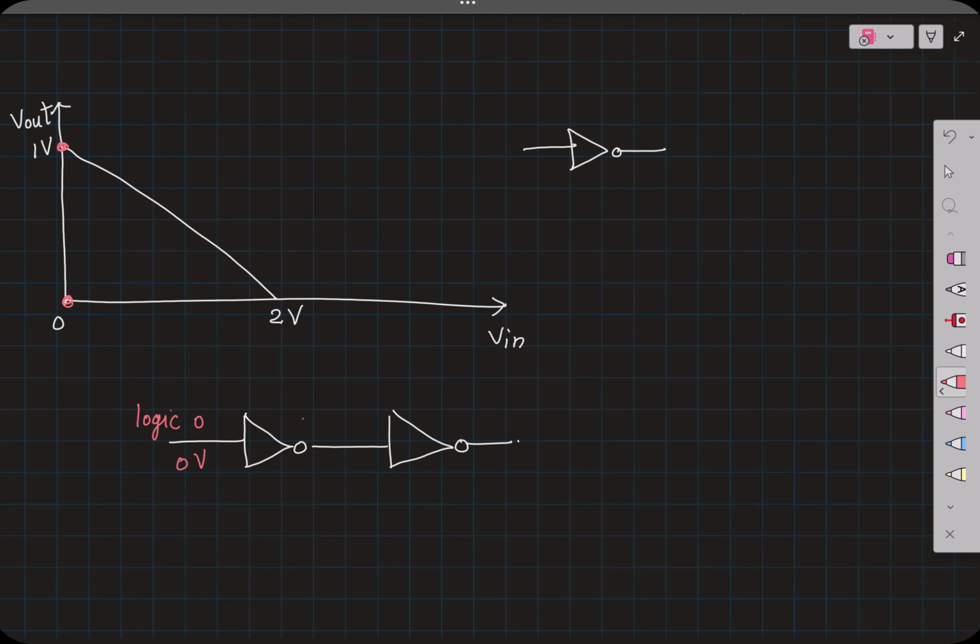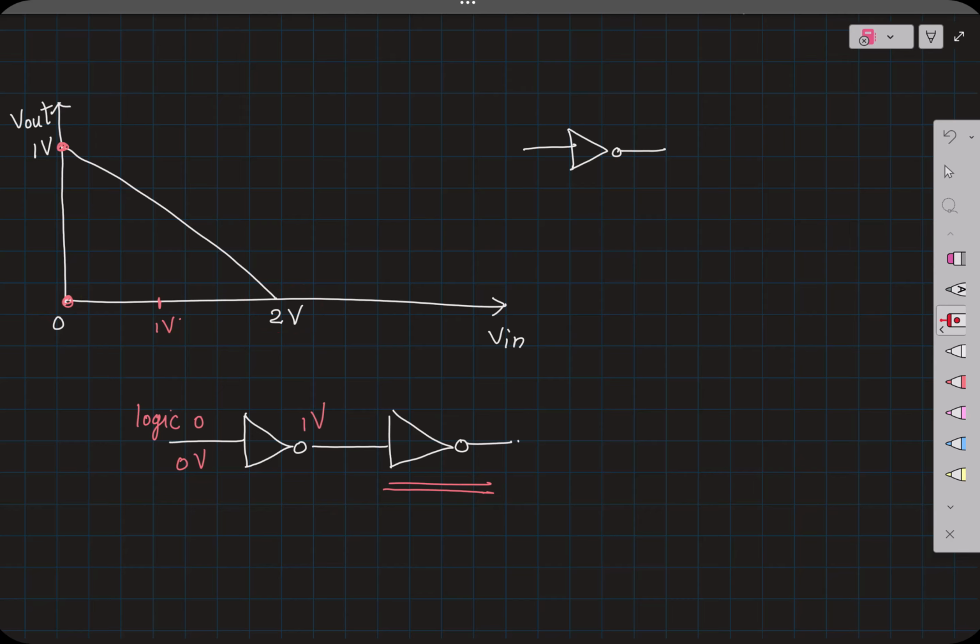Now the second inverter sees 1 volt input. Is that logic 1 or logic 0 for the second inverter? It's bang in the middle of what we would have called logic 0 or logic 1. So then you could have a problem.